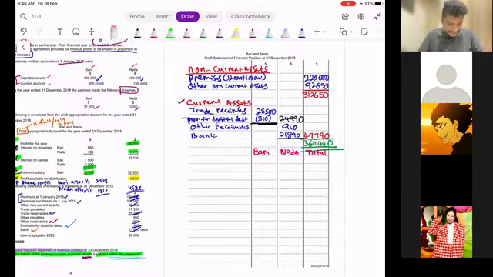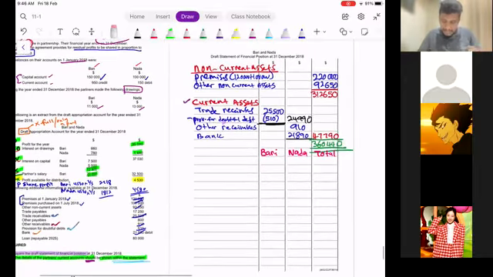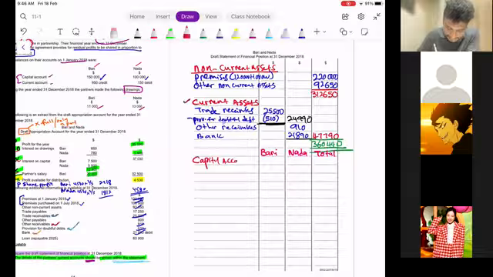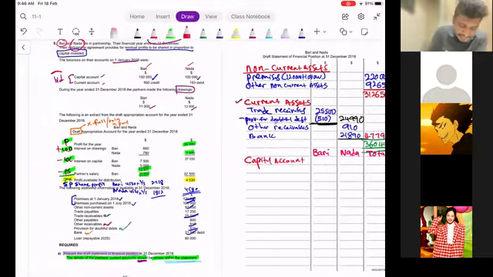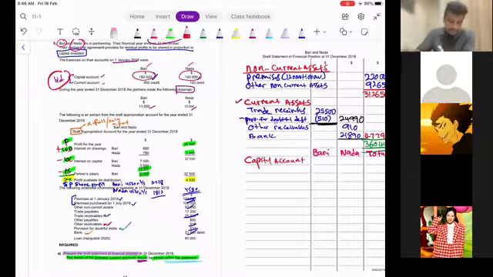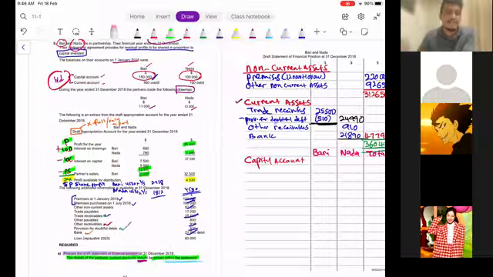Okay, come back here. Bari, Nada, and total. The first thing you need to write is capital. Capital account. How much is your capital account? Your balance BD of the capital is 150 and 100. Throughout this year, the partners didn't bring in any extra capital and didn't take out any capital.